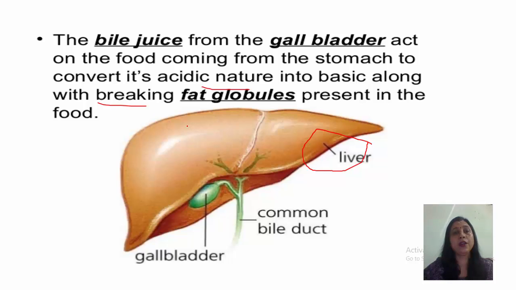Now when it enters the small intestine, it should be converted into basic, and this bile juice also helps in the emulsification of fats. Emulsification of fat means fat globules are broken down into smaller particles. This bile juice is secreted by the liver, but it gets stored in the gallbladder.